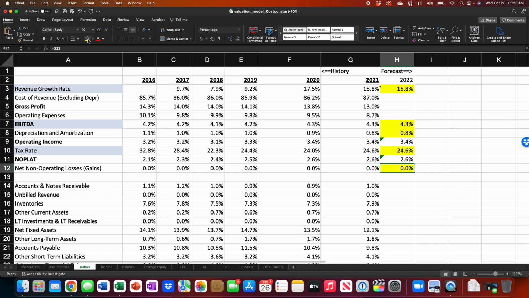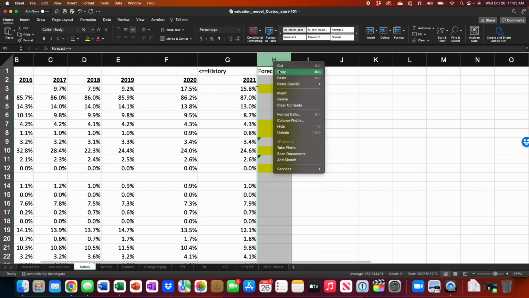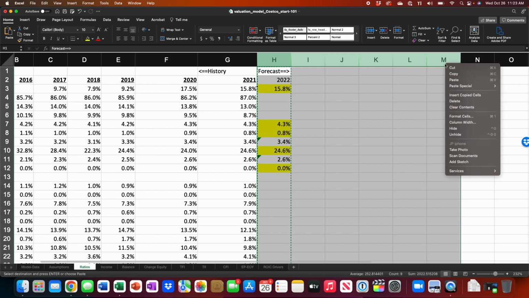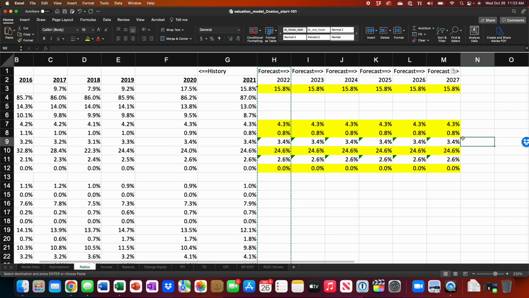Now, because we're just for simplicity using these as placeholders, I'm going to take column H, copy it, select all the way to column M, and paste it. I now have 6 years worth of forecast data going through 2027, where everything just repeats itself on the income statement ratios for the next 6 years. That's our placeholders.